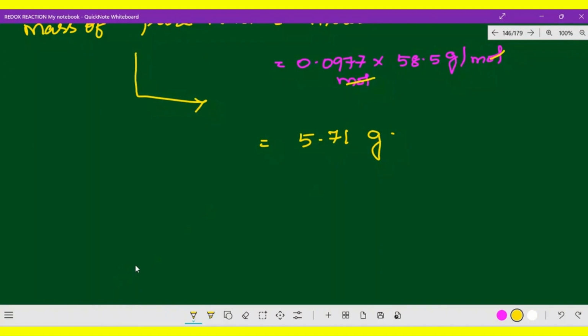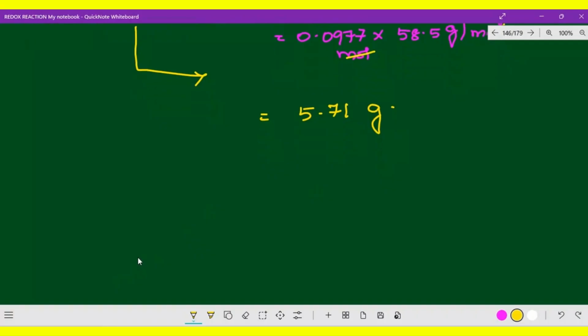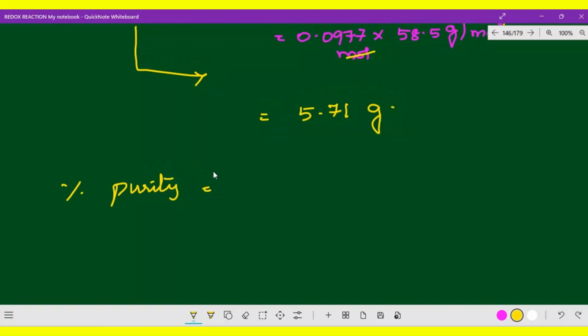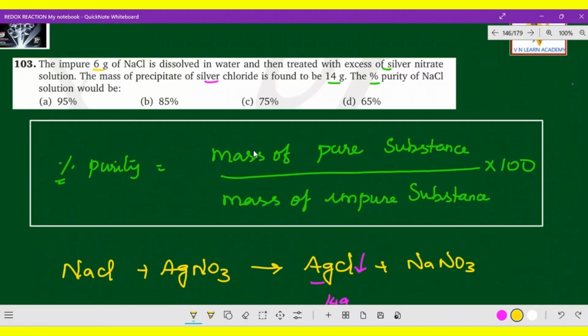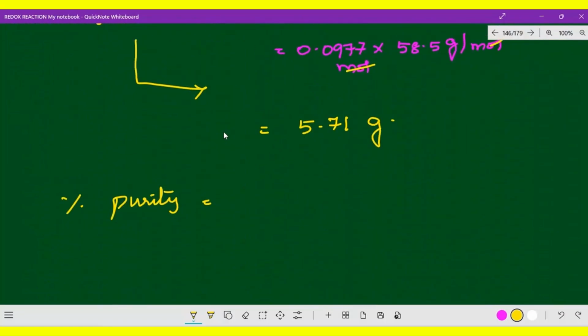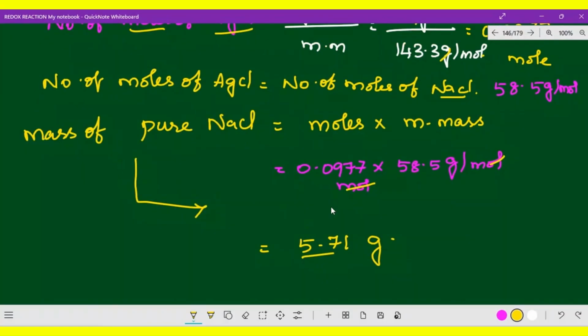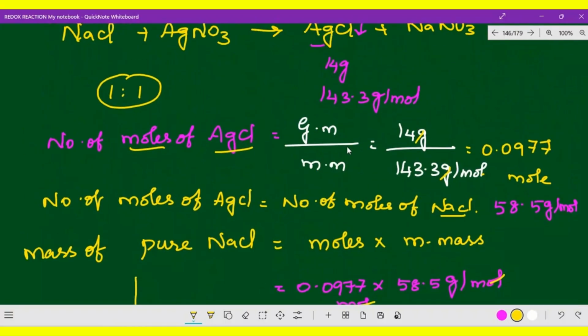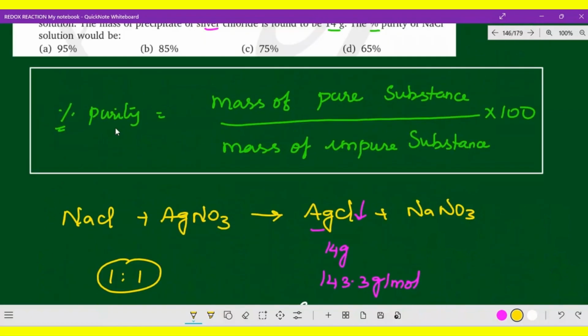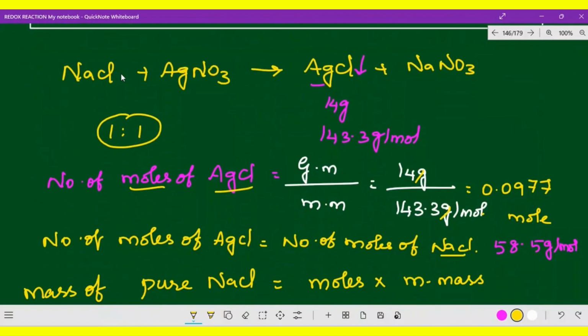Right, now percentage purity. Percentage purity, I just mentioned that formula: mass of the pure substance divided by mass of impure substance into 100. The mass of pure substance we just found. Next, the mass of impure substance is 6 gram, which they mentioned in the question, into 100.